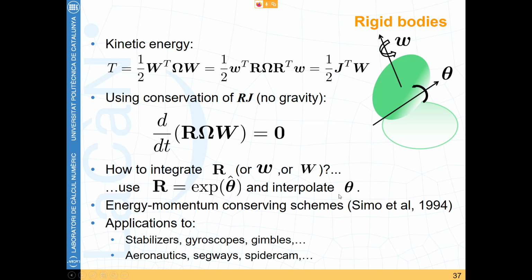Applications that you may have: gyroscopes or gimbals, so that you have these rotating bodies that you assume rigid, and all kinds of other applications. Spider cam is a camera you have in football stadiums that moves from one side to the other.